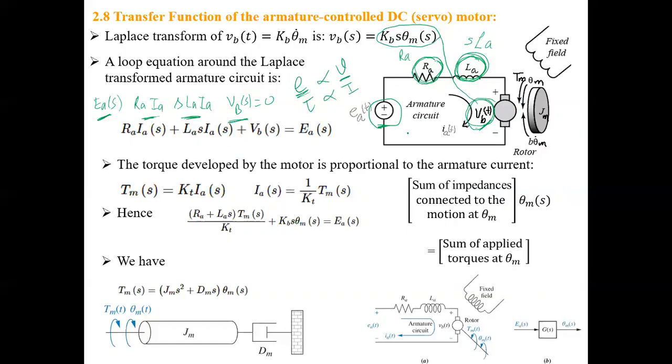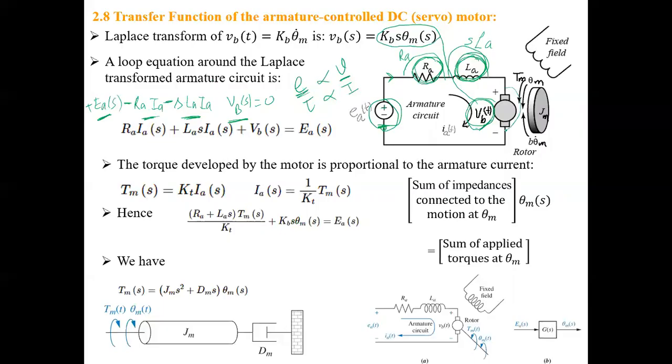Now choose the sign. If you go from here to here, you are going uphill. This guy is plus. If you go from here to here, see the current flows like this. This is plus. Current comes out of plus, so this is the direction of current. So you are going downhill, because current always goes downhill. This is minus. And you are going downhill again. This is minus.